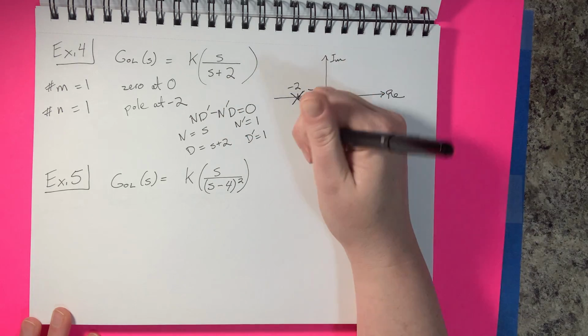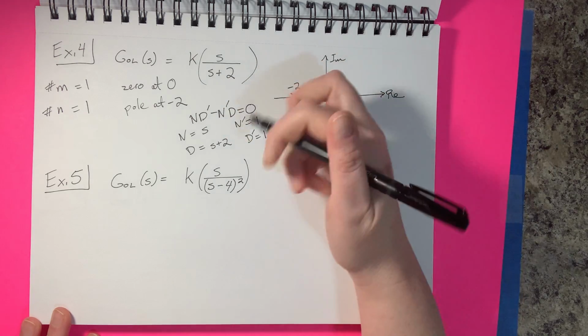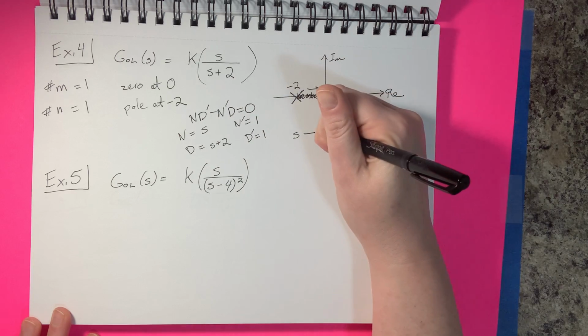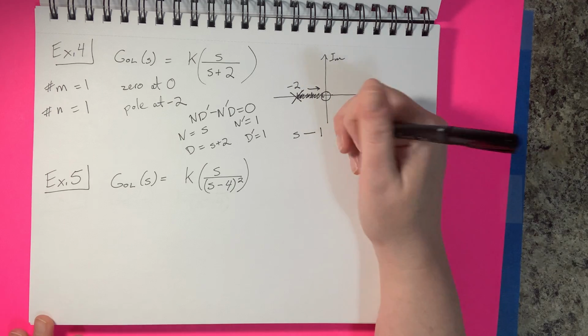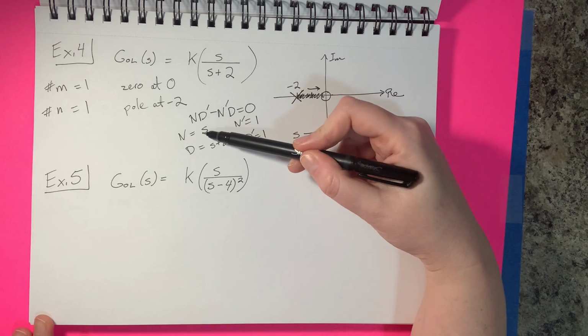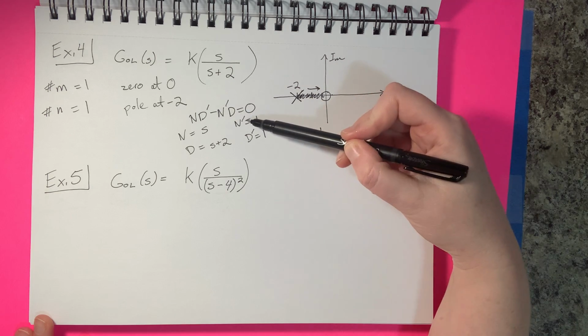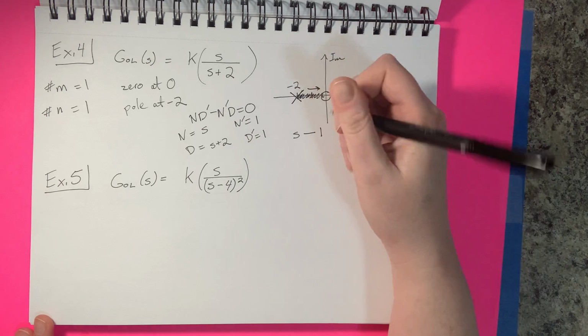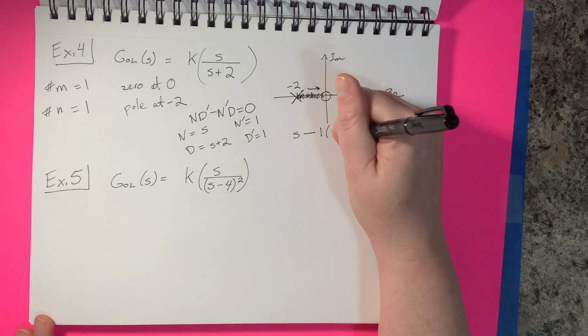So if we plug into our formula, we have s times 1 minus, and that's n derivative, that's 1. So if we were to solve this, let's just double check, we have an s times a 1 minus a 1 times a, whoops, we left out that d, times a s plus 2.